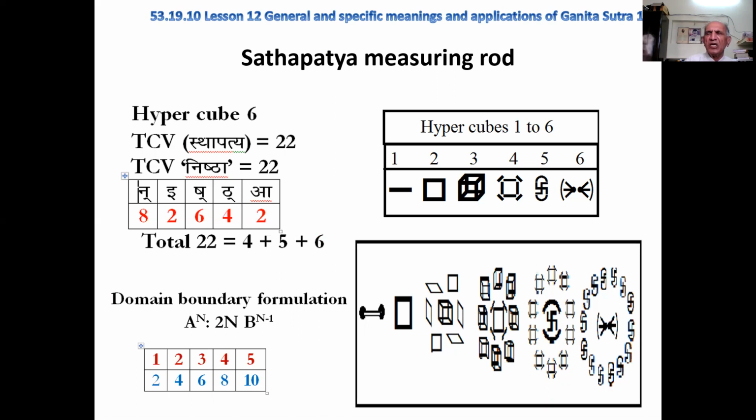See, this way the letters formulation Nishtha on its conversion to numbers alphabet is of value 22, which takes us to hypercube 6 as a Sthapatya, as a geometric format.